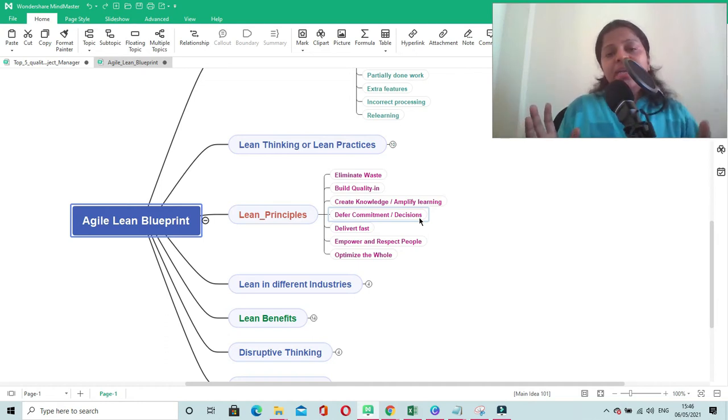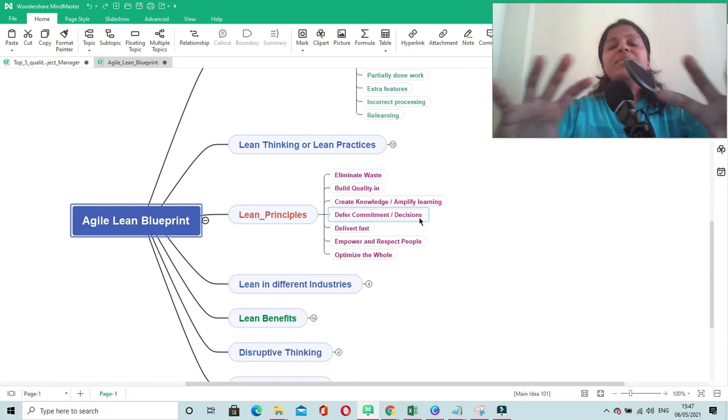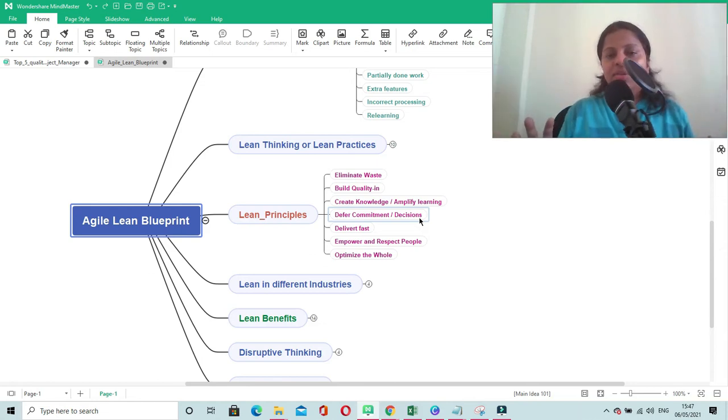And at a later date, when the customer confirms how the theme should be, how it should look, what the look and feel of the application should be, when you get more and more information about the theme, then you make the final decision that yes, this will be the theme for my e-commerce application.